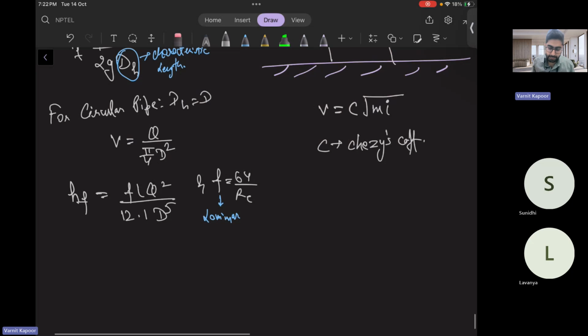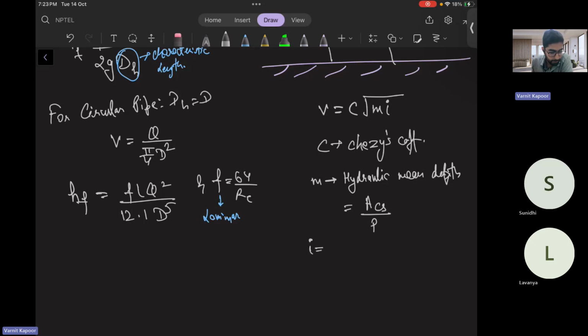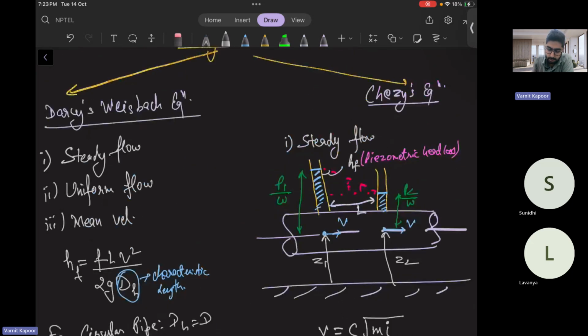M is the hydraulic mean depth, again some characteristic length kind of scenario, which is A, the cross section area, by the perimeter P. And I is your slope, that is HF by L. This was not the angle, sorry.